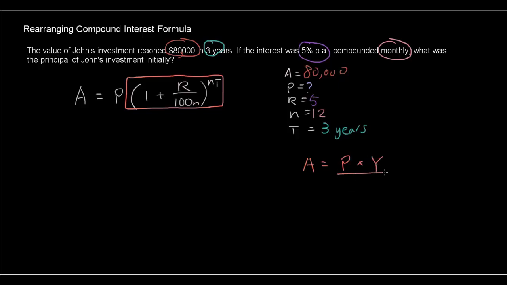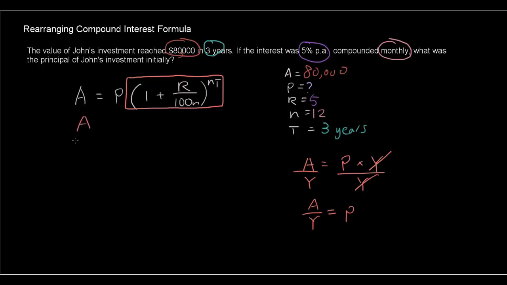Now if you divide by Y on both sides, Y divided by Y cancel each other out to 1, so you are left with P equals A divided by Y. Now in our example, Y is essentially this big box here, so we're going to move it down on the other side.